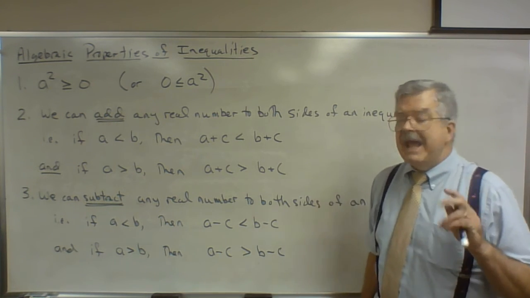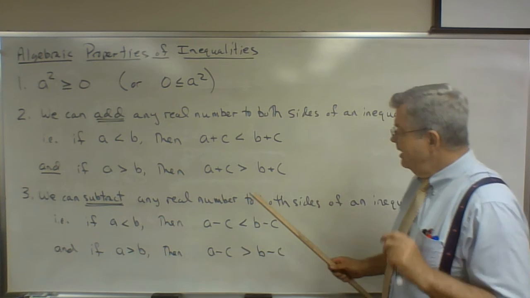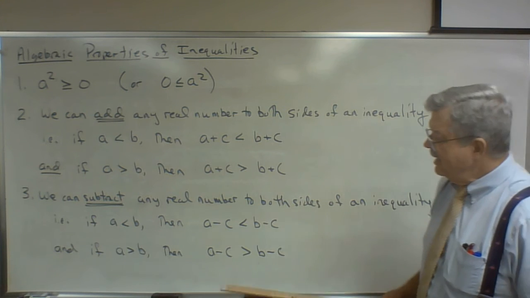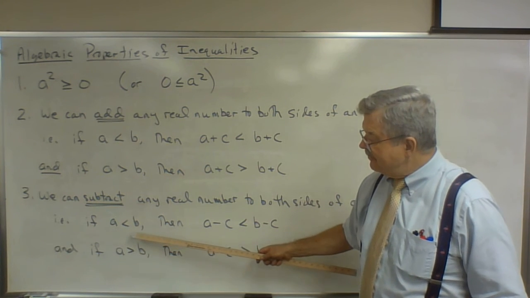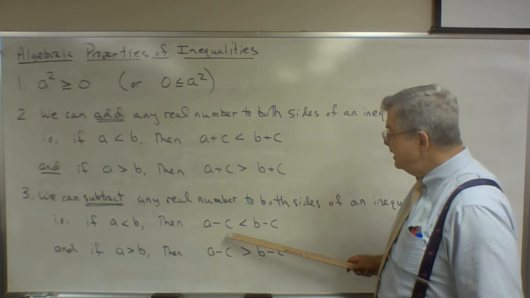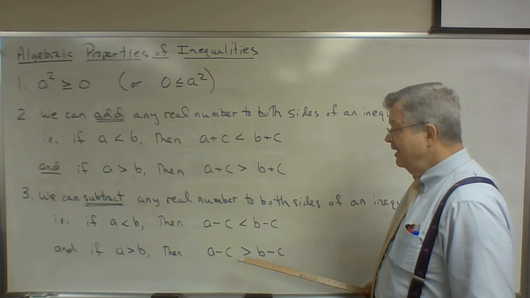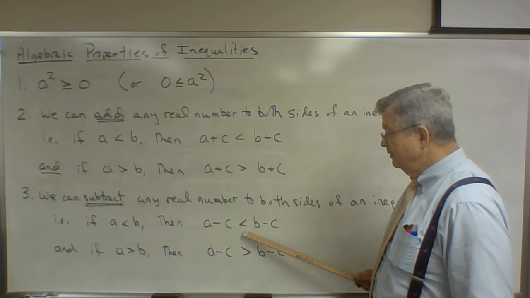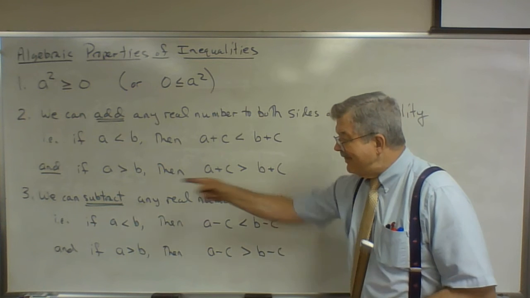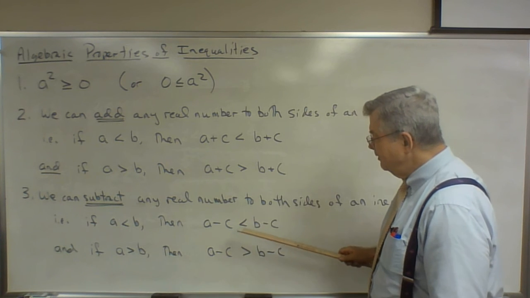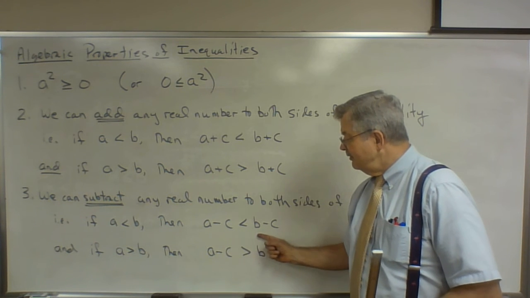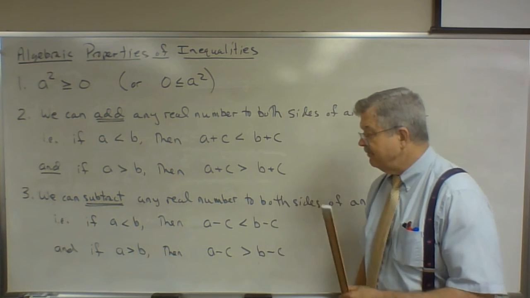The same thing happens if we subtract any real number from both sides of an inequality. If we have a less than b, and we subtract any real number c from both sides, the inequality still holds. In other words, if the original inequality is pointing that way, and we subtract c from both sides, the resulting inequality still points that way.